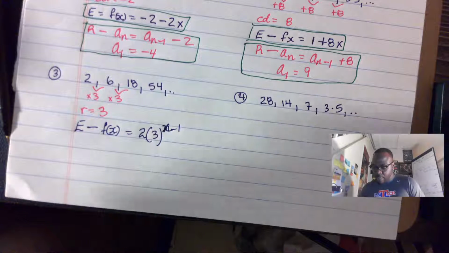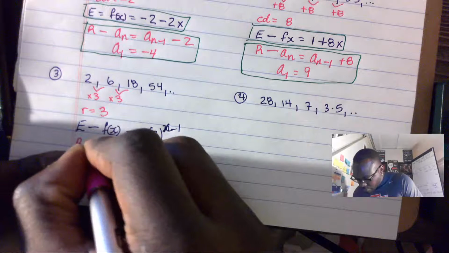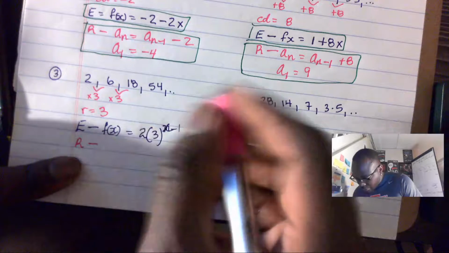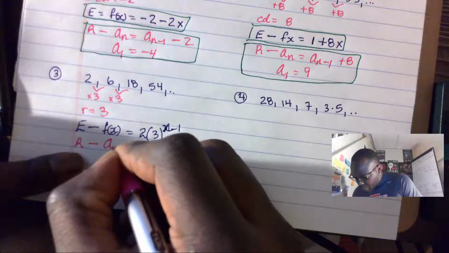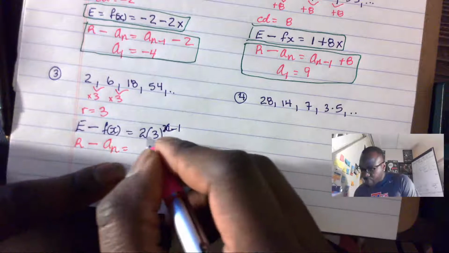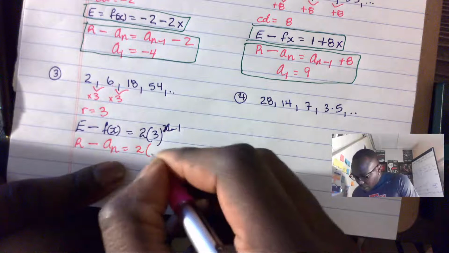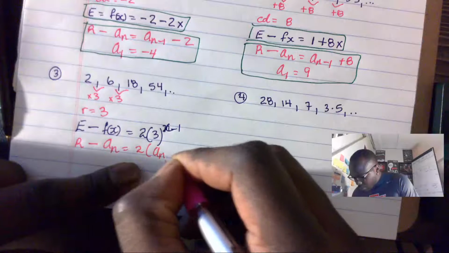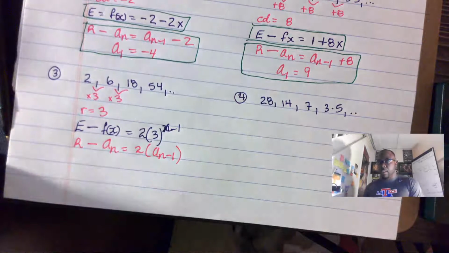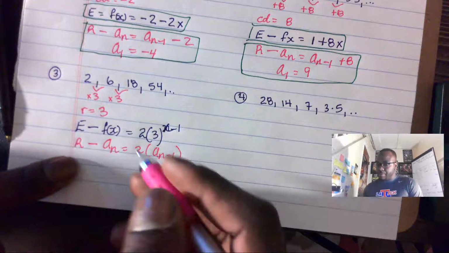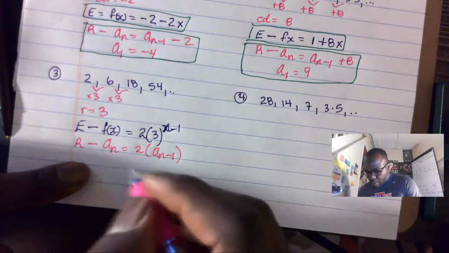So now I've got to do my recursive. Recursive, we're going to use a of n. So a of n is equal to my common ratio, which is what? It is 2. So it's 2 times a to the n minus 1. That's all it is. But what am I leaving out here? I've got to make sure that I go back.